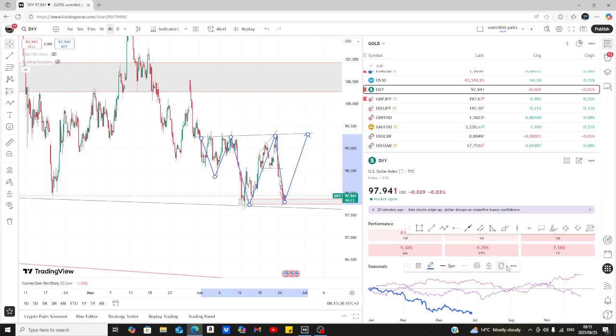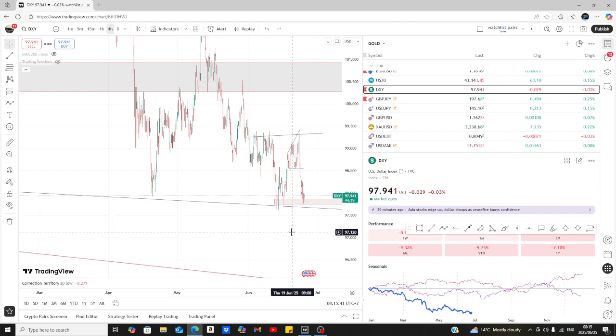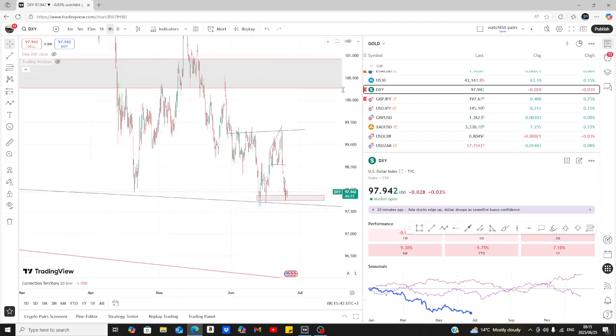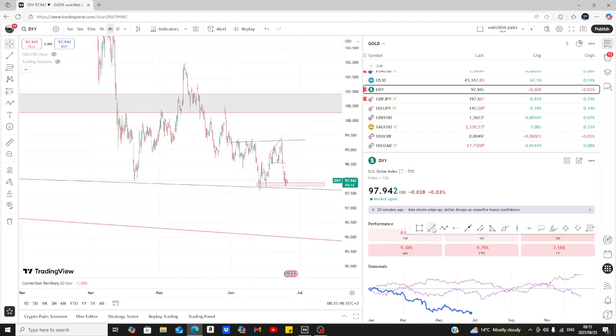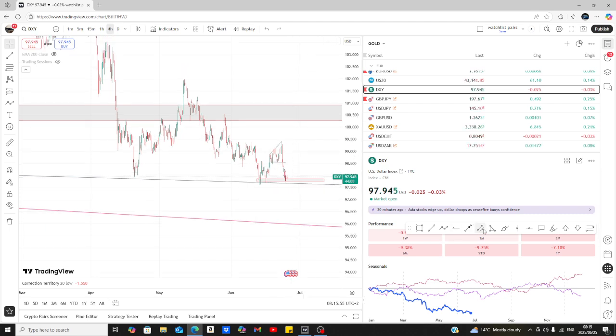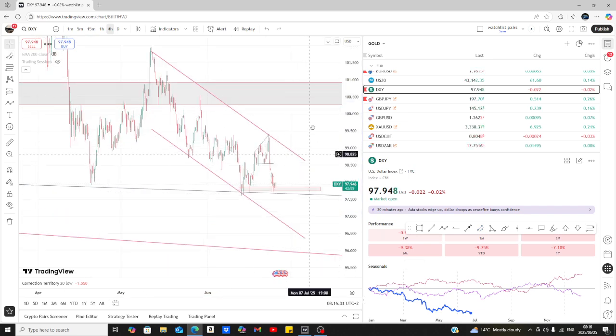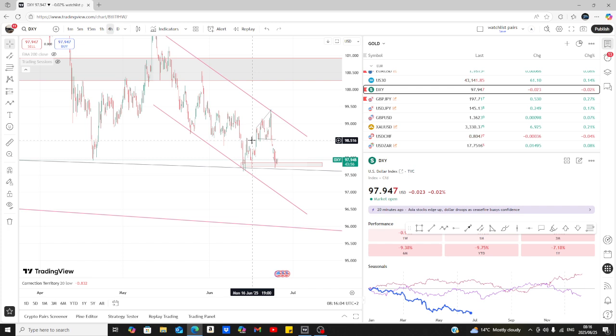So my bias for the dollar today is still going to be bullish based on the fact that we are currently at previous low. If we're at previous low, and that's what sparked previous interest to push the price up, it definitely makes sense for investors and institutions to say, well, this was a previous place where we bought, so it's a previous place where we can also look to profit, right?